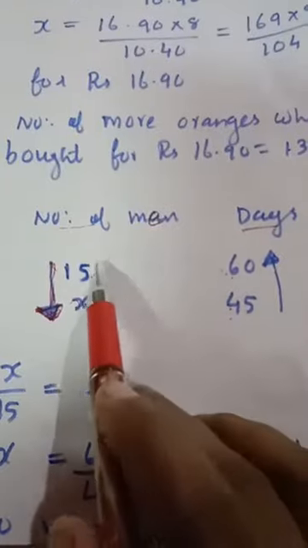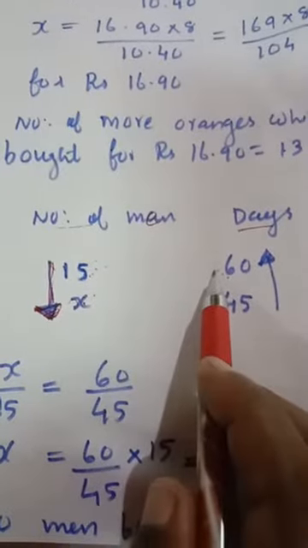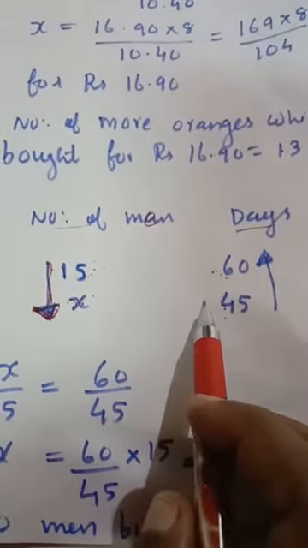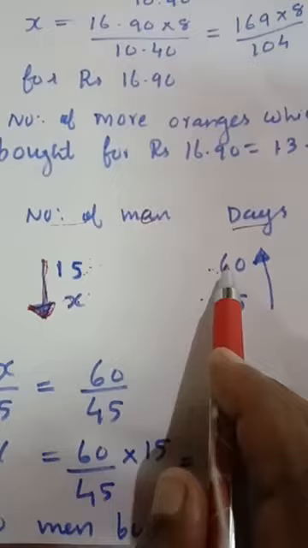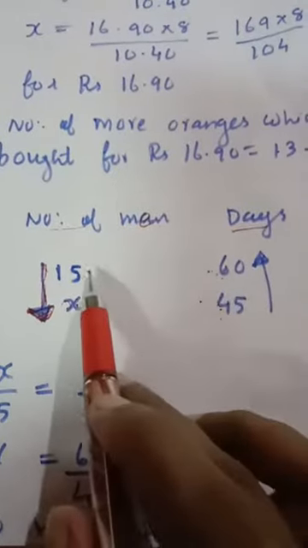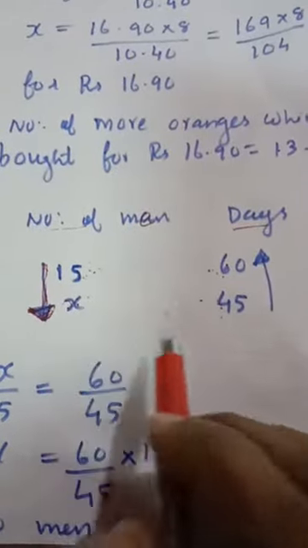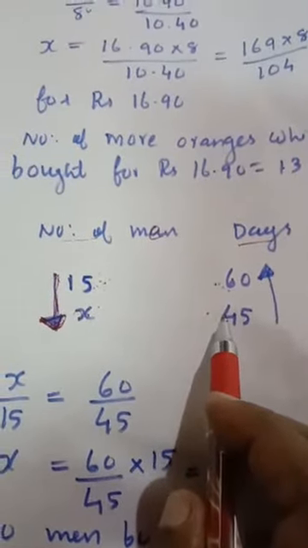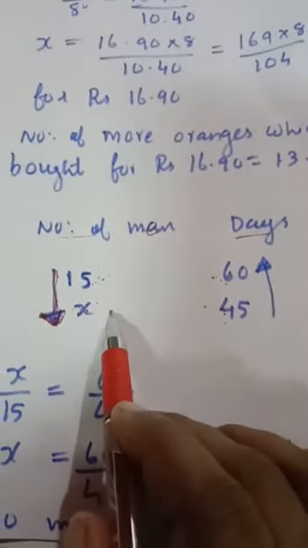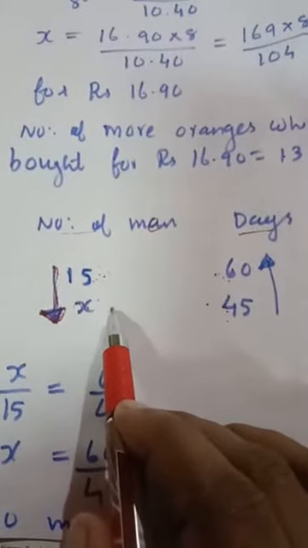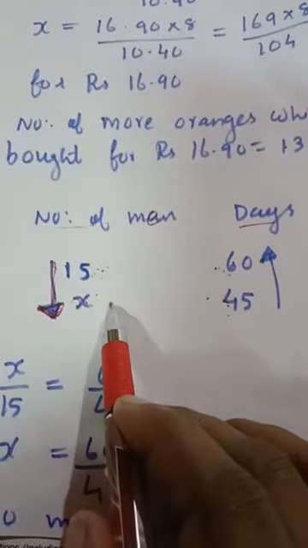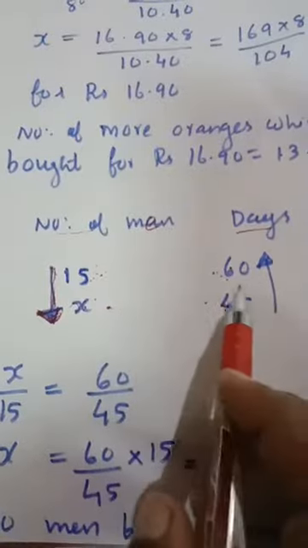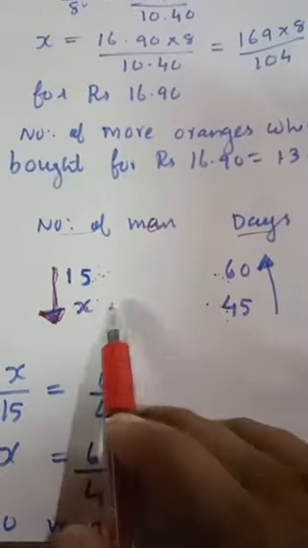Here 60 days, the work is completed in 60 days with 15 men. Now here 45 days. We want to complete it early. So the number of men will increase. More men needed. Within a short period of time, that is fewer days, more men.